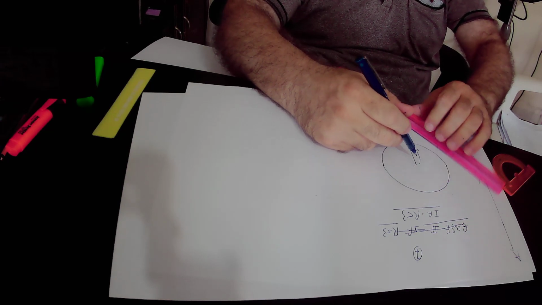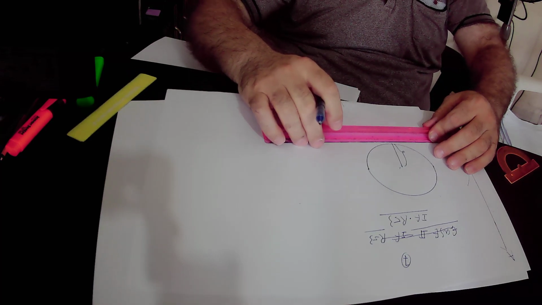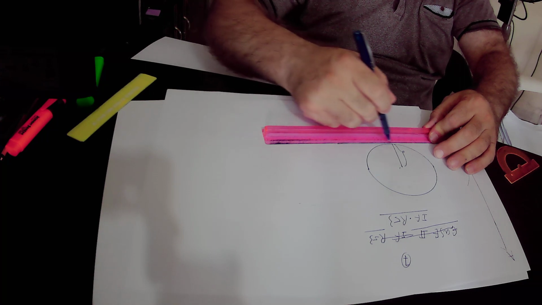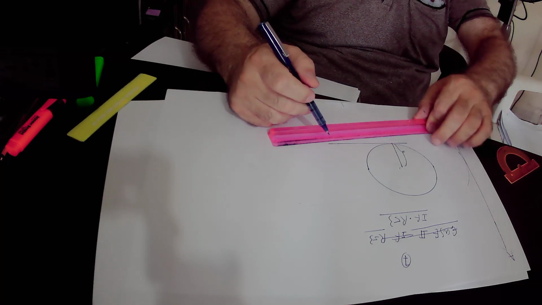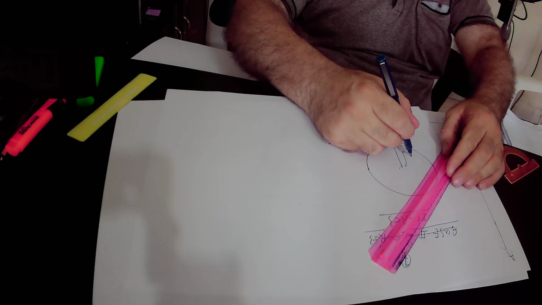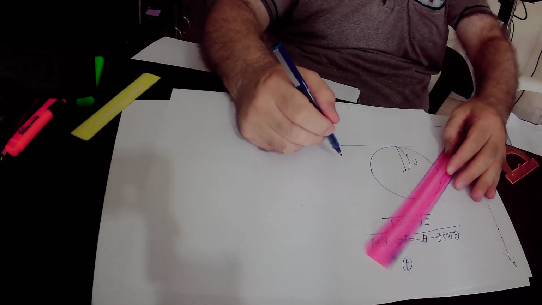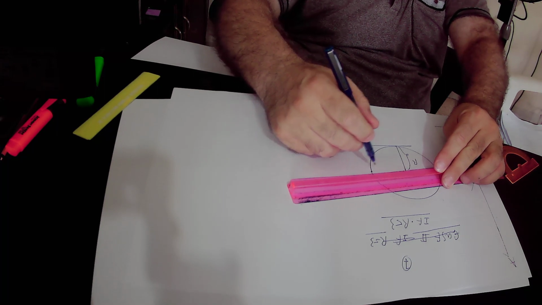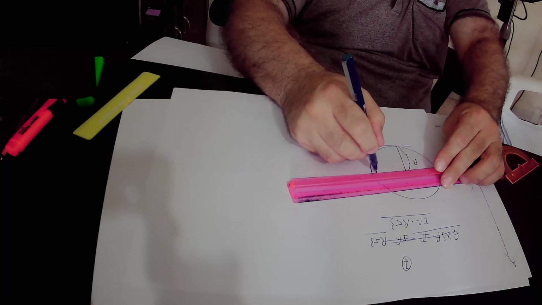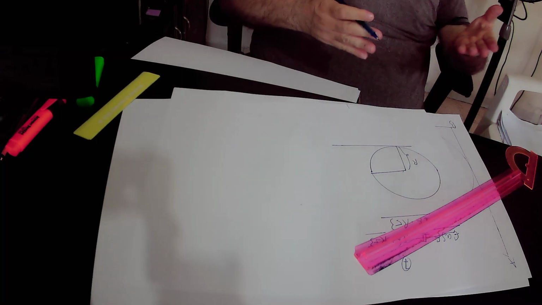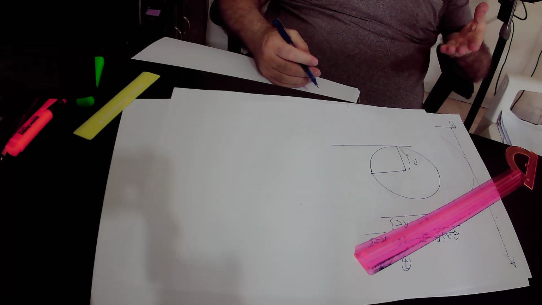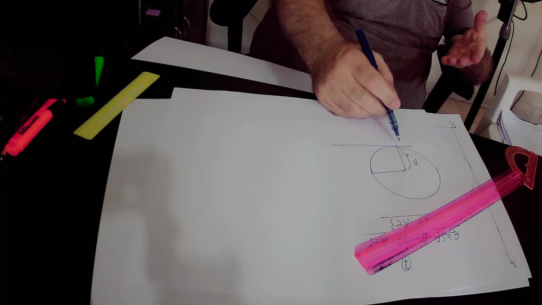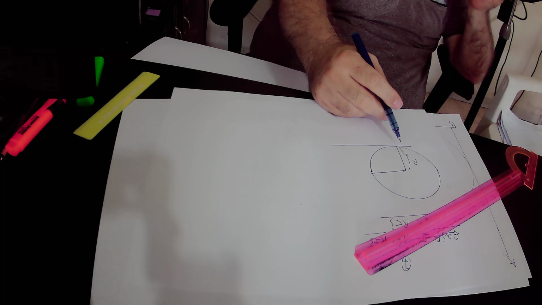Okay, and you know that the square is equal to 3 units. This is the radius. So here we have a radius that is greater than 0 but less than 3 units.